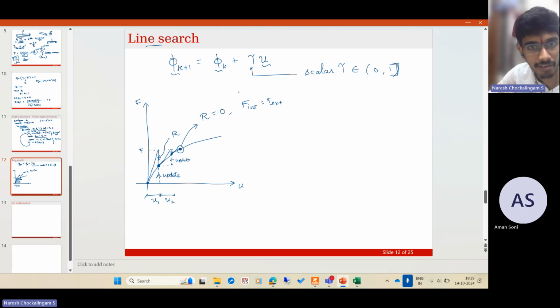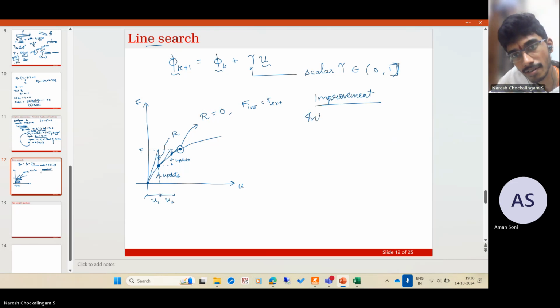So you keep a constant gamma and find the constant such that at that point the residual is orthogonal to the increment. Right. So this is an improvement. Introduce another parameter gamma, which is a scalar, and the update is phi k plus 1 is equal to phi k plus gamma u.